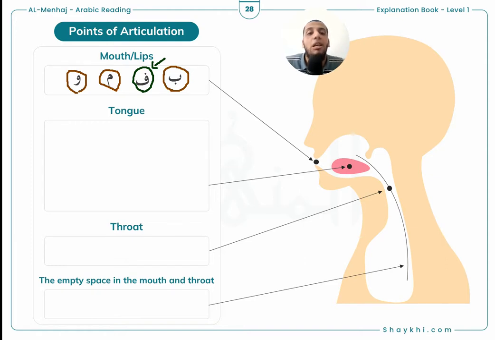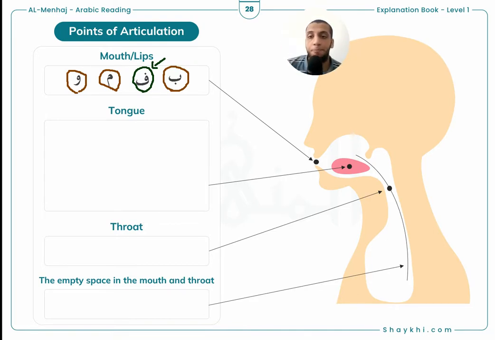Fa, fi, fu, f. So this is the first letter where we use just 1 lip, the bottom lip. How? The edge of the upper 2 front incisors touches the inner bottom lip.